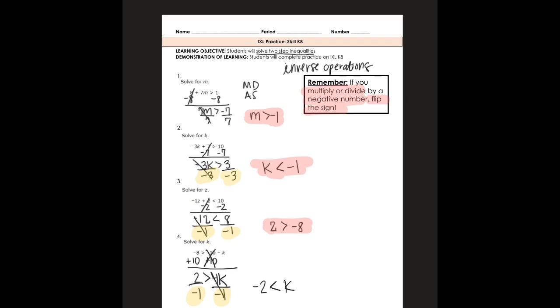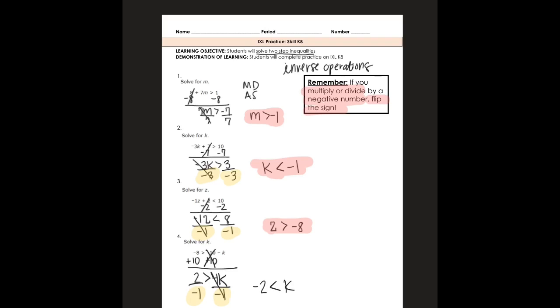If you wanted the k to be first, it doesn't have to be on IXL, but if you had an answer where all the k's were in the front, you just have to flip the whole entire inequality.